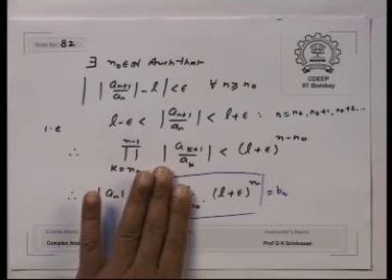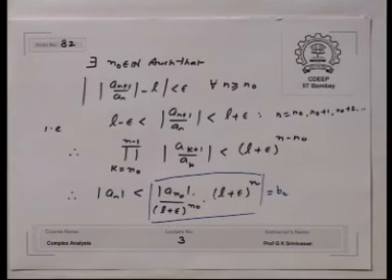What is sigma bn now? That is a constant times a power. Sigma bn is a geometric series with common ratio L plus epsilon, which is less than 1. So sigma bn will converge, and so by comparison test sigma mod an will converge.